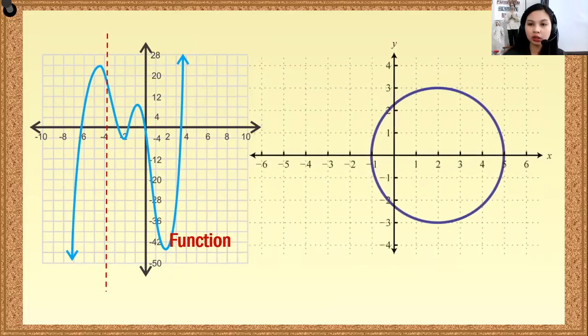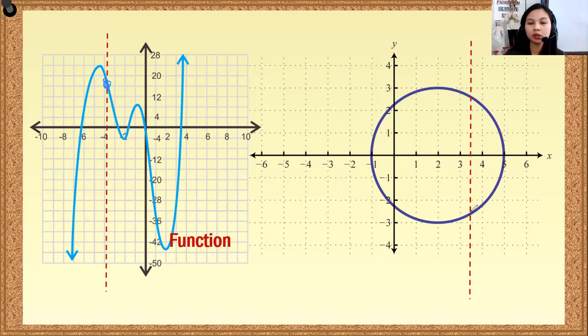Pero kapag po ganito, nag-vertical line test po, and then kung napansin nyo, wait lang, lagyan natin siya. Ayan. So, dito kasi, isang beses lang siya tumama. Okay? So, isang point lang. Ibig sabihin, isa lang yung value ng ating x po. Okay? So, walang magkakapareho sa kanila.